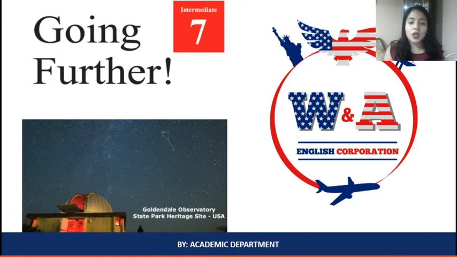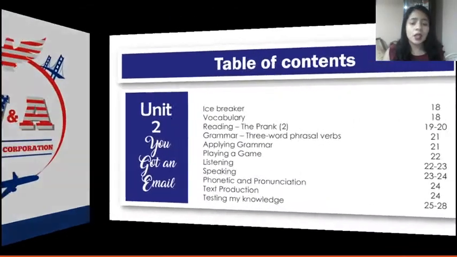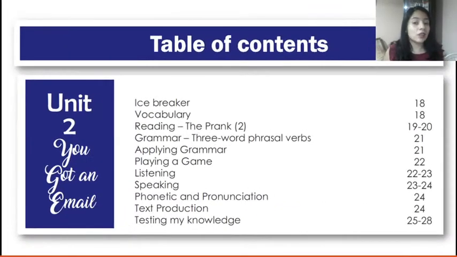Okay? So, listen, today we are going to work on our unit 2. Yes, we are going to focus on this of our intermediate 7, guys? Excellent. So, listen. Here we have the table of contents, okay? Today we're going to work on vocabulary. We're going to continue with vocabulary related to technology too, okay?